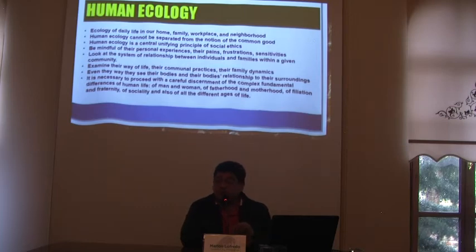Examine their communal practices, their family dynamics, even the way they see their bodies and their body's relationship to their surroundings. So it is necessary to proceed with a careful discernment of the complex fundamental differences of human life, of man and woman, of fatherhood and motherhood, of filiation and paternity, of sociality, and also of all the different ages of life.